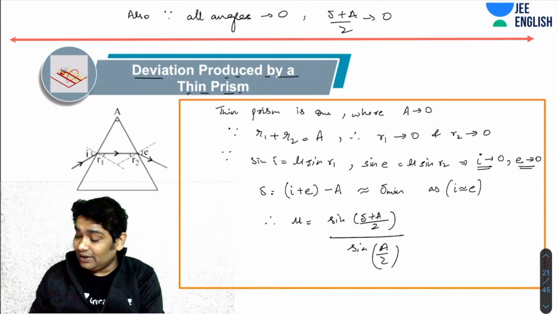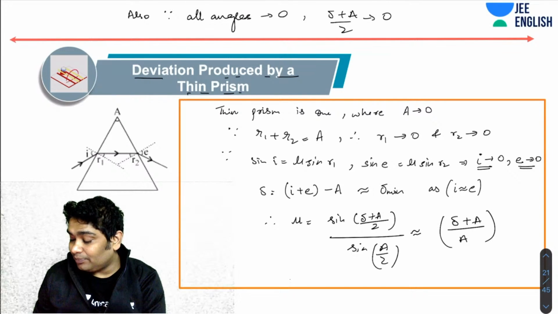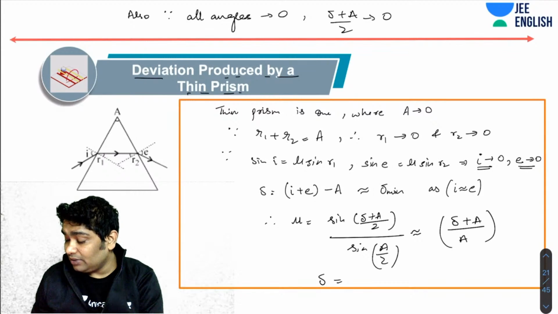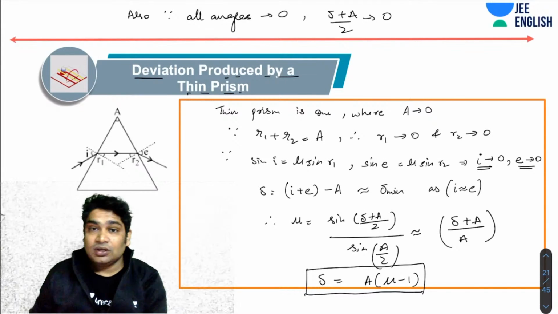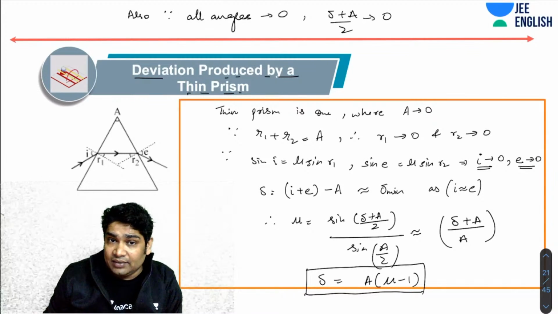So now I can apply the small angle approximation, and I can write this as delta plus A over A. So the delta produced by a thin prism can be written as A times mu minus 1. That is a very important formula related to thin prisms. Thin prisms produce a deviation which can be given as A times mu minus 1.